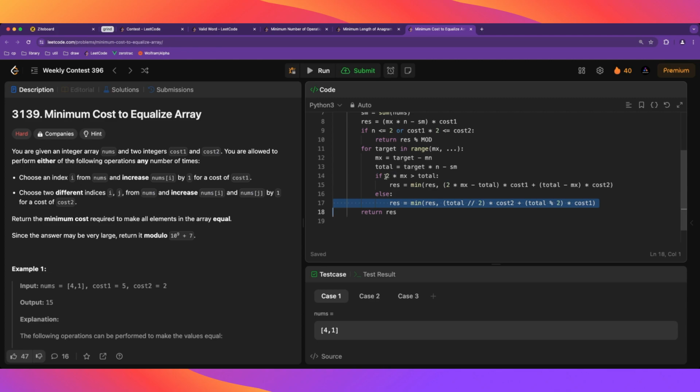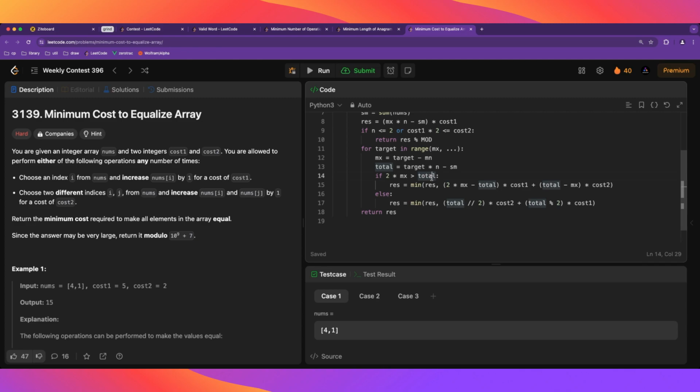So in this inequality, when we increment the target, the total is getting bigger than the maximum, right? So eventually the total is going to exceed 2 times the maximum, or half of the total.